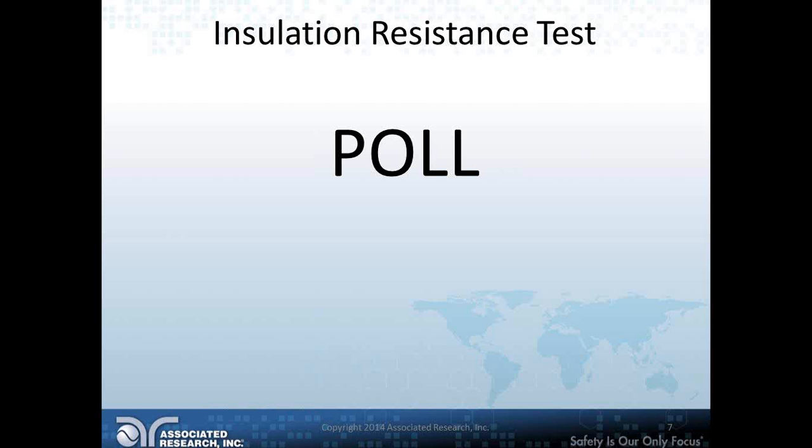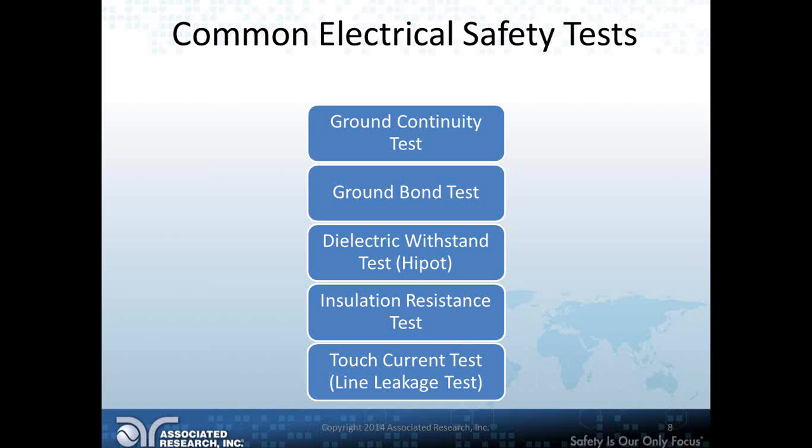So here's a quick review of some of the common electrical safety tests that we have covered in quite a bit of detail in some of our past webinars in 2014. Starting with the ground continuity and ground bond tests, these two tests are testing the ground circuit of our products, of class 1 products, products that have a ground pin or ground circuit.